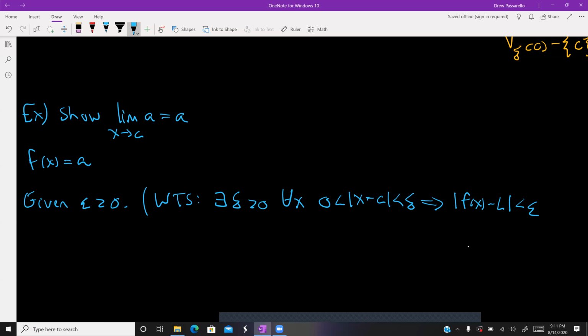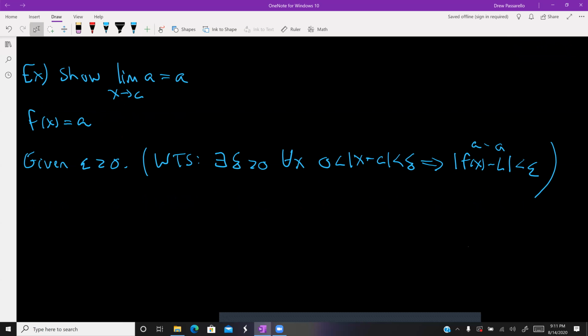And then our f of x is a, and L is a, right? That's what we need to show.